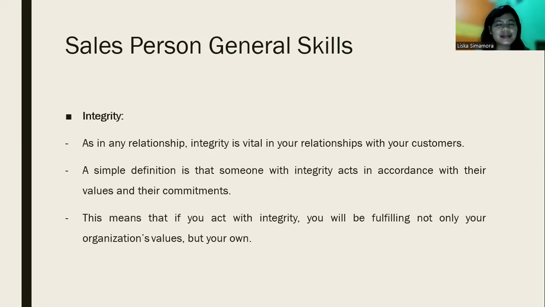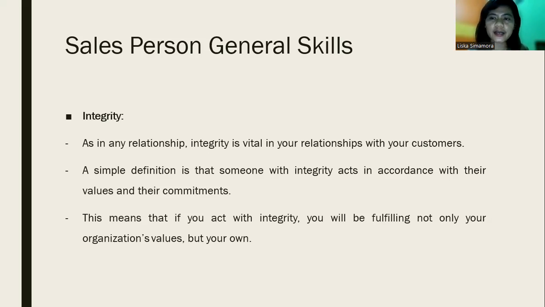So the last skill is integrity. As in any relationship, integrity is vital in your relationship with your customers. Don't cheat, don't fake with your customers. A simple definition is that someone with integrity acts in accordance with their values and their commitments. If your value is to keep your customer well informed, then you don't hide information.